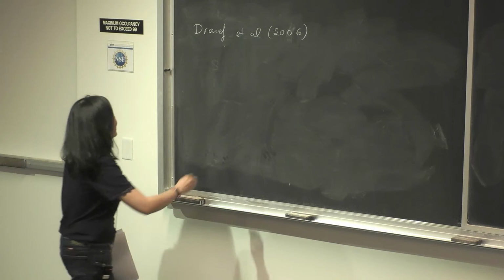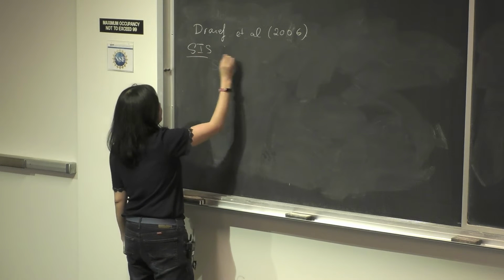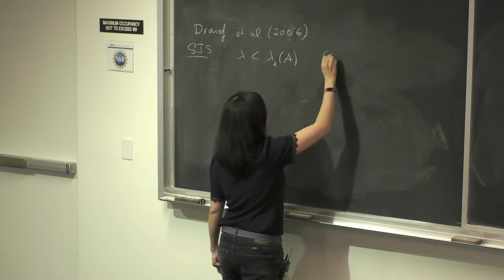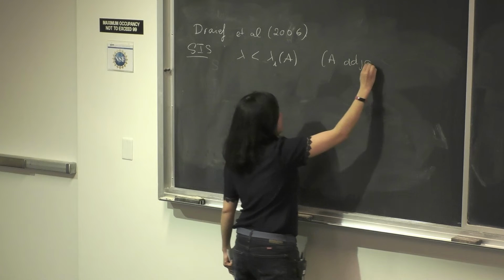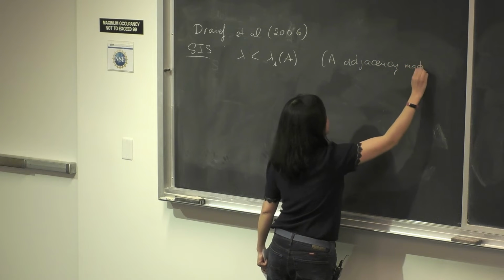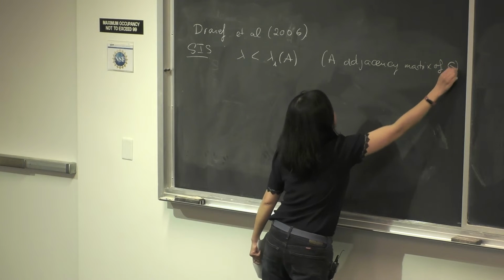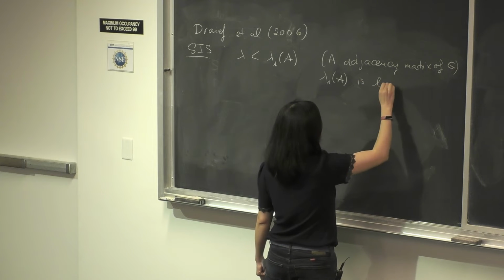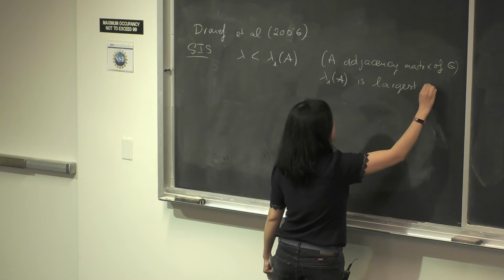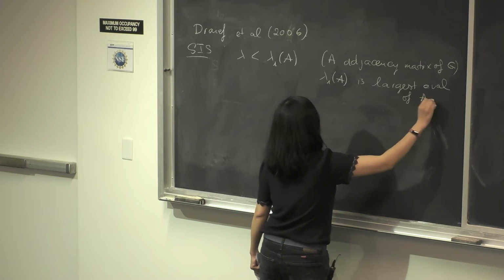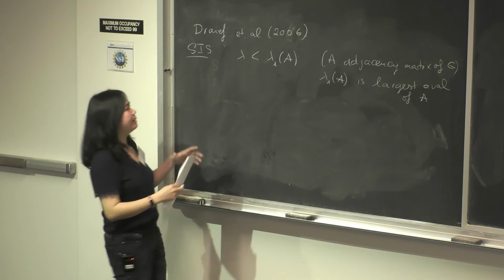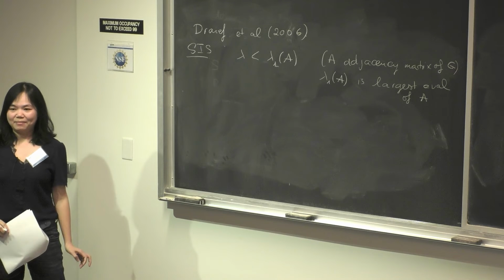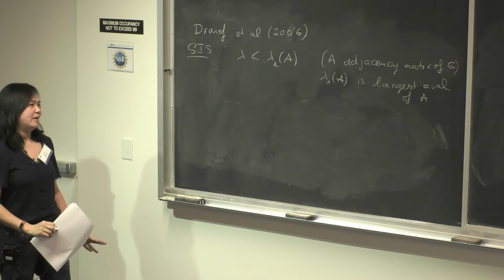Show that for the SIS, if lambda is smaller than 1 over lambda 1A, where A is the adjacency matrix of G, and lambda 1A is the largest eigenvalue of A, then the process survives for a short time for any graph.